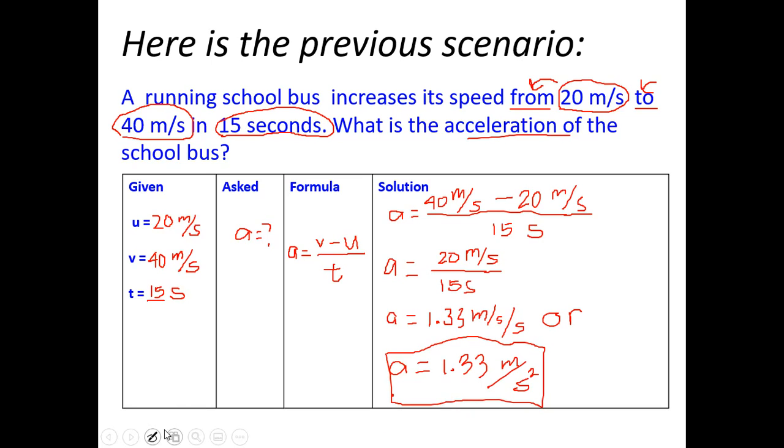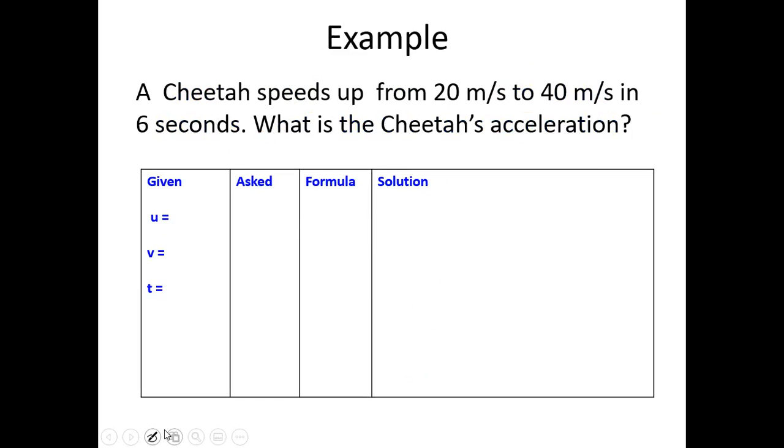All right. Now moving on to the next problem. The second example says a cheetah speeds up from 20 meters per second to 40 meters per second in 6 seconds. What is the cheetah's acceleration? This is pretty much similar to the previous problem.